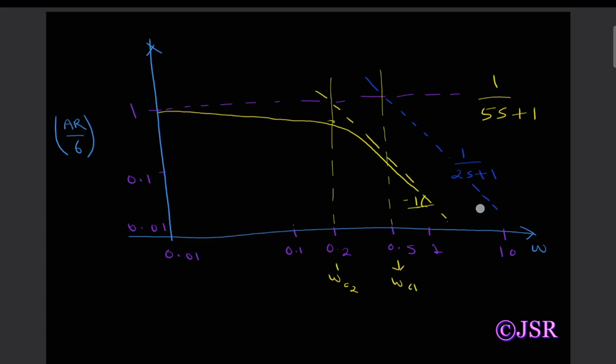So again the slope will be -1, and it will again pass through 0.707 when omega is equal to 0.5. So in this case the gain plot will be like this.